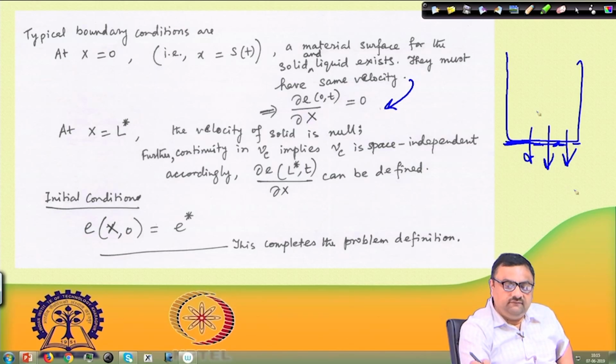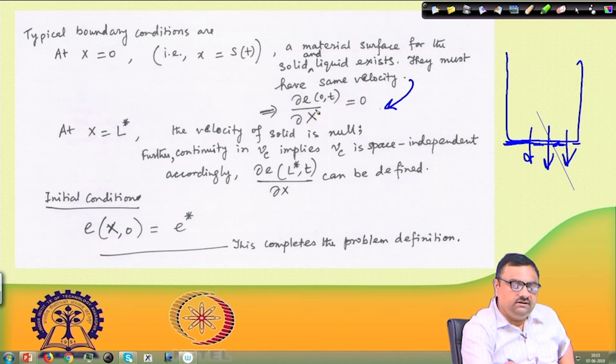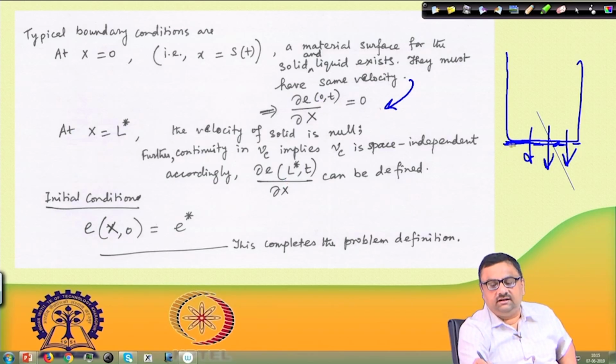Continuity in V c means V c is space independent, del V c del x equal to 0 means V c is the same everywhere. So, accordingly one can define del E del capital X. Basically you need these boundary conditions at capital X equal to 0 and at capital X equal to L star, these two locations, up to wherever the porous medium is at this time and the end of the porous medium through which the liquid is flowing out.